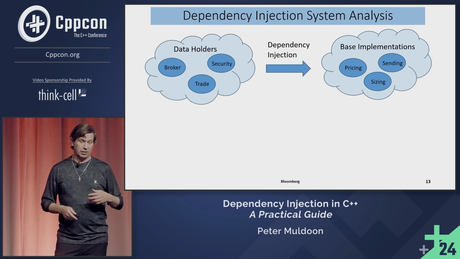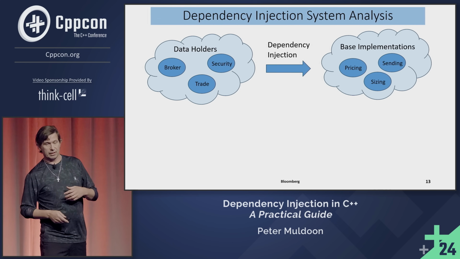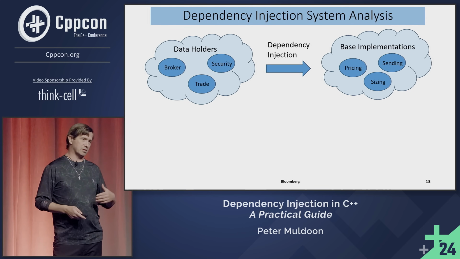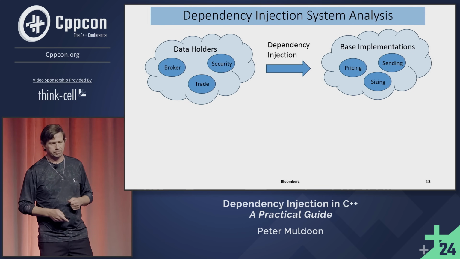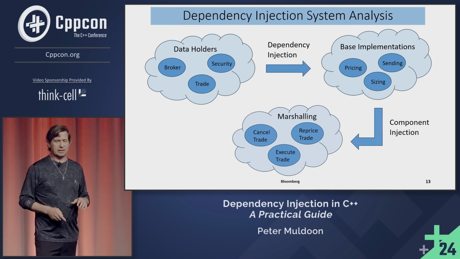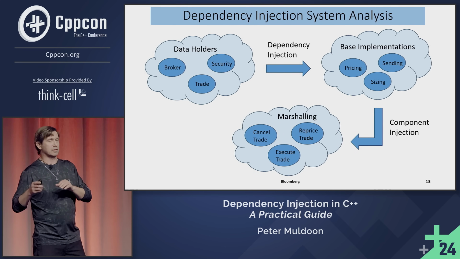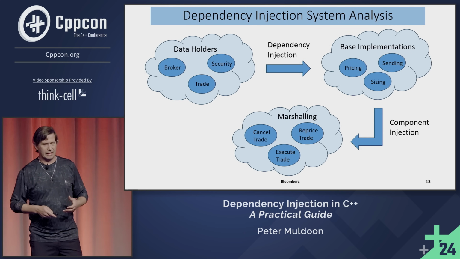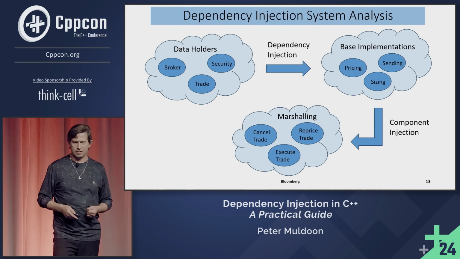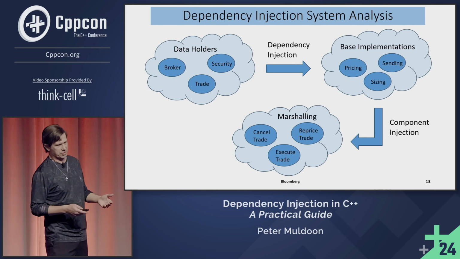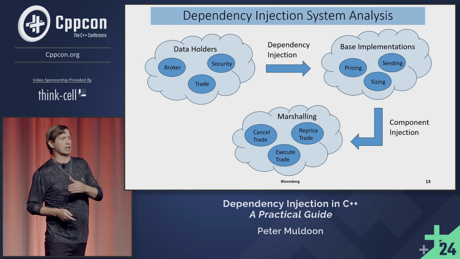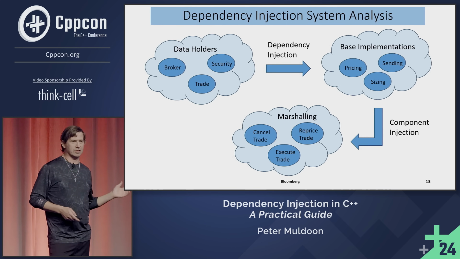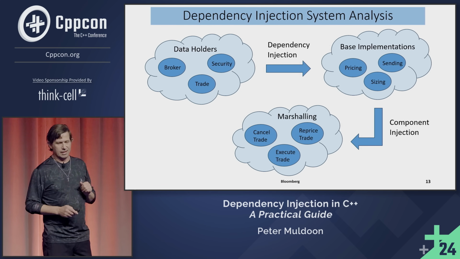Here I have it where I'm figuring out pricing, or I'm figuring out the sizing of a trade or an order, or I'm going to send it or send it somewhere down to the SEC. These base implementations now act as component dependency injection points into large parts of your functionality, actually do real operations. So here I have cancel trade, execute trade, reprice trade. So these are all dependency injection points as you build your way up, which you must start at the bottom. If you try and jump in the middle, bad things happen.